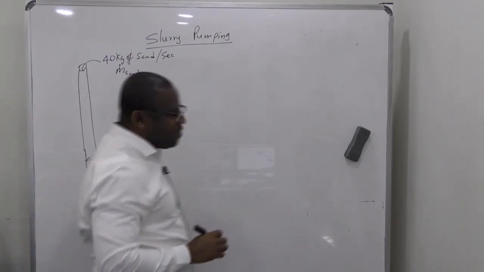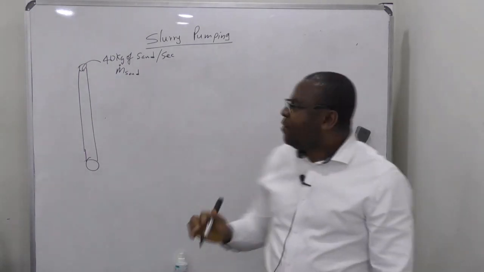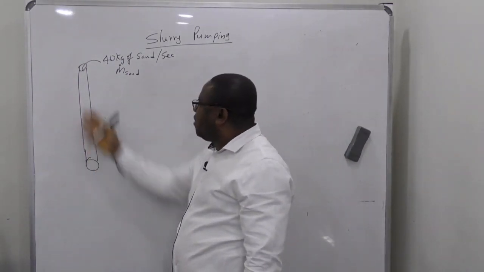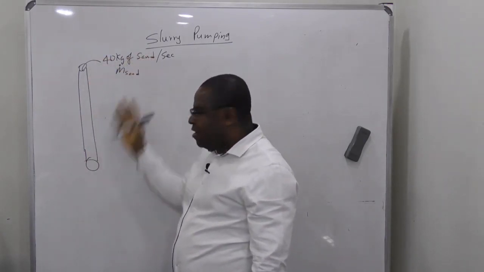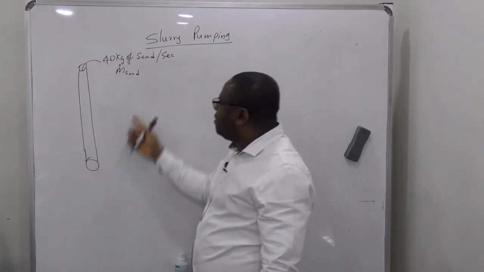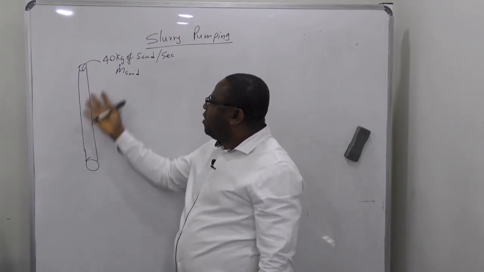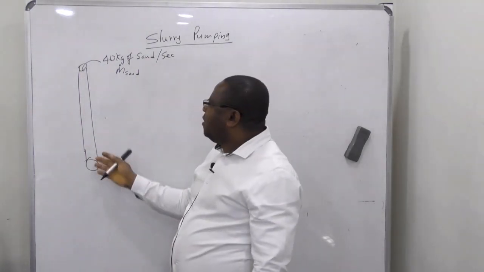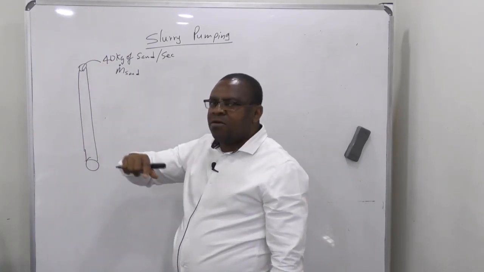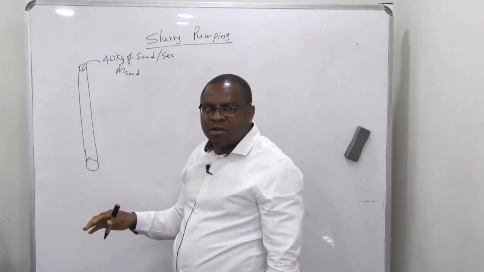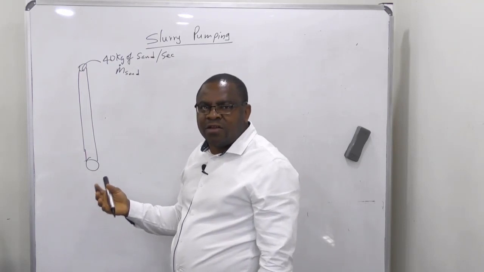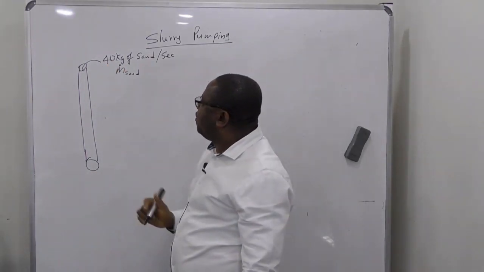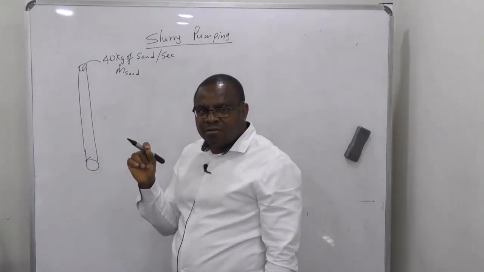You want to pump 40 kilograms of sand per second from here to that point. Remember, this is pure sand. That means for you to get this, you need to have a slurry that contains sand and water. And when you get to this point, you can separate the sand from the water and then dry your sand to see how much we are going to get. And from here, we are getting about 40 kilograms of sand in 1 second.